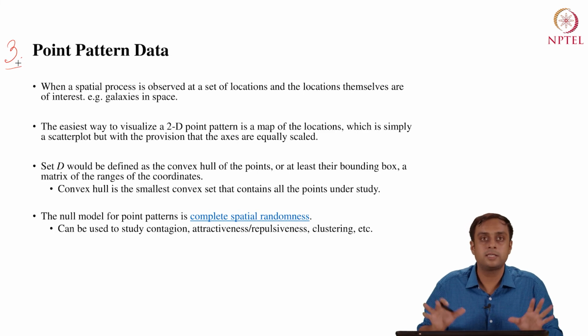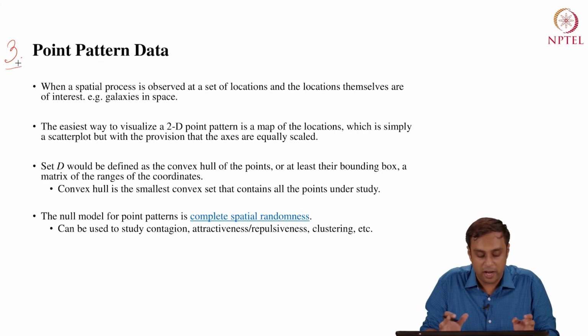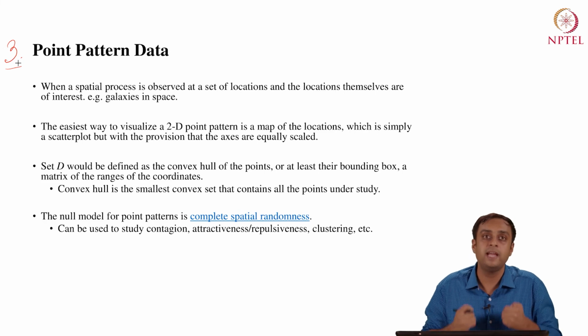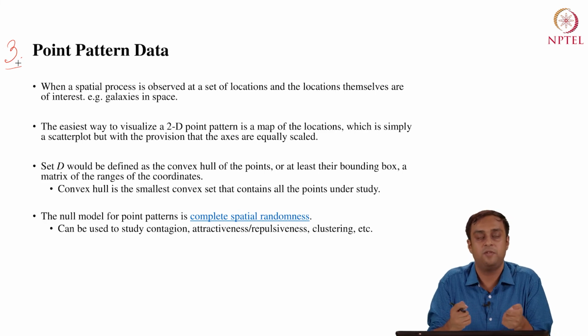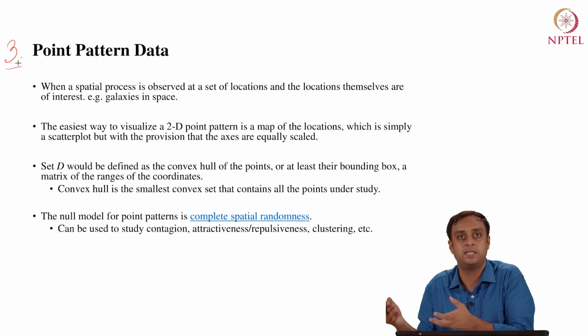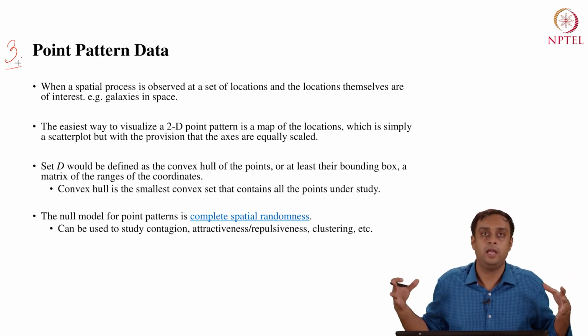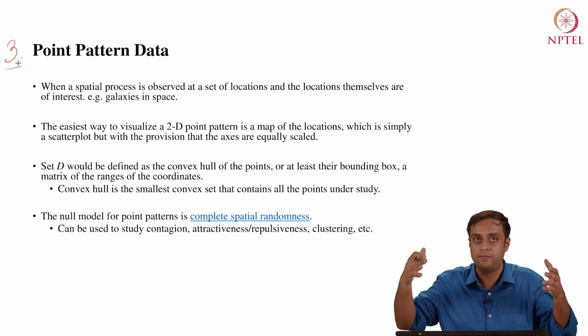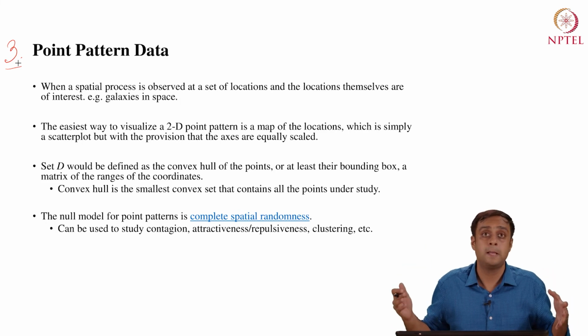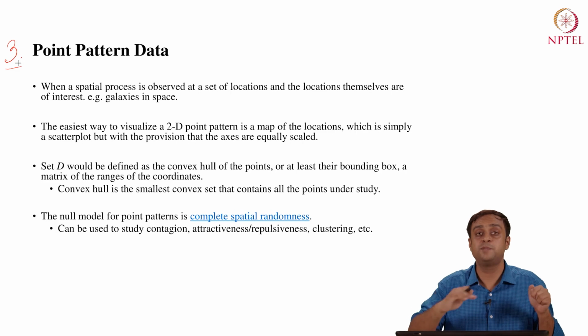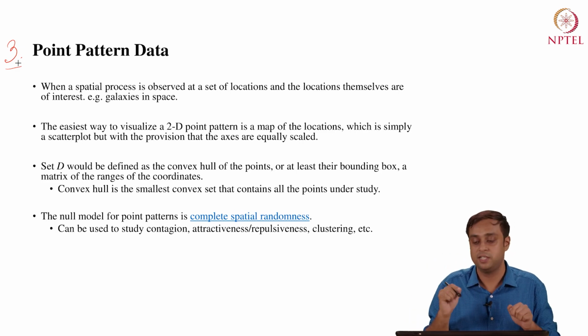So this is a lot of technicality, but what I really want to emphasize here is that the location itself can be a random variable. For example, if I'm studying deforestation, and I have a wilderness of tree canopies, and you have trees being cut at different locations in space.